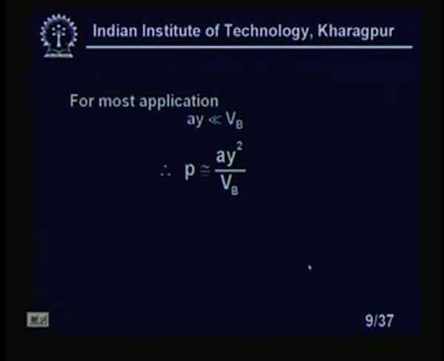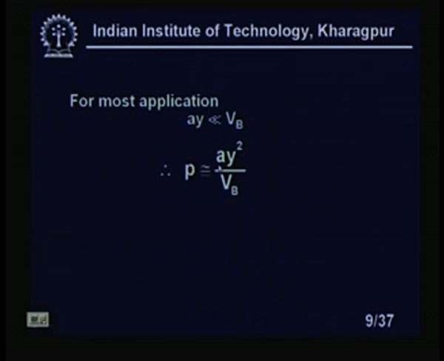So, it is clear why I have taken Vb much greater than Ay purposefully; we are using a bulb, that is the reason. Otherwise, without the bulb also the system will work. So, I can write the unknown pressure P equal to A y square upon Vb.